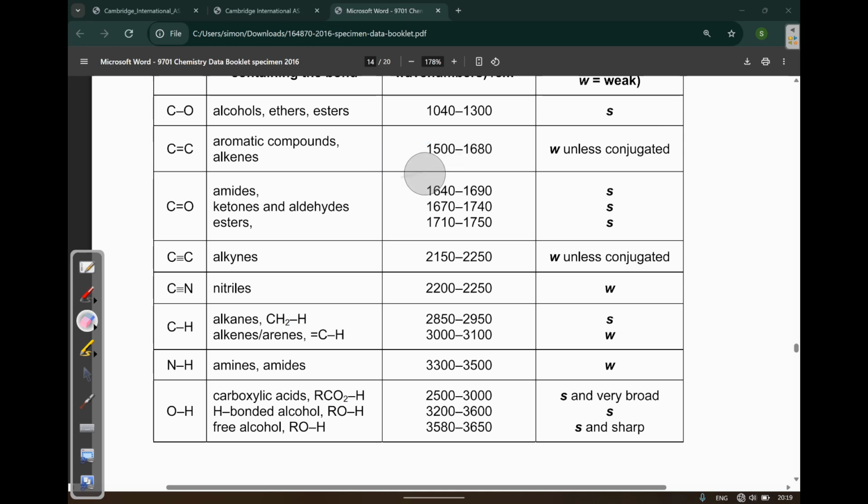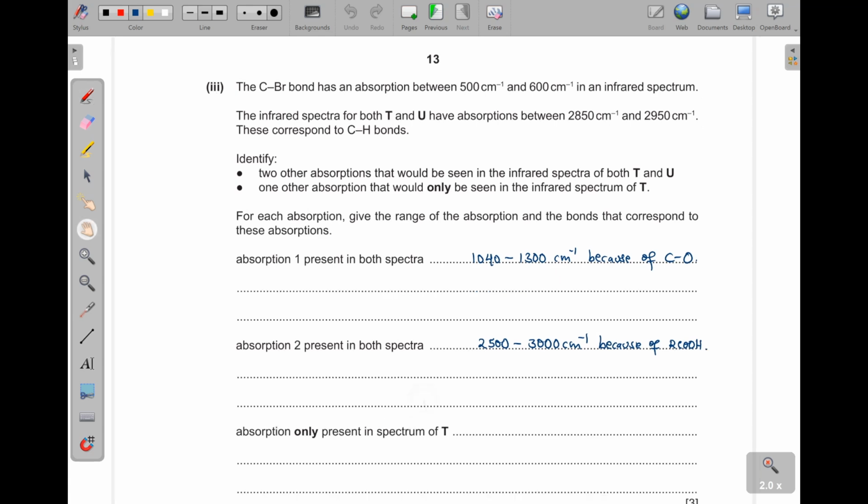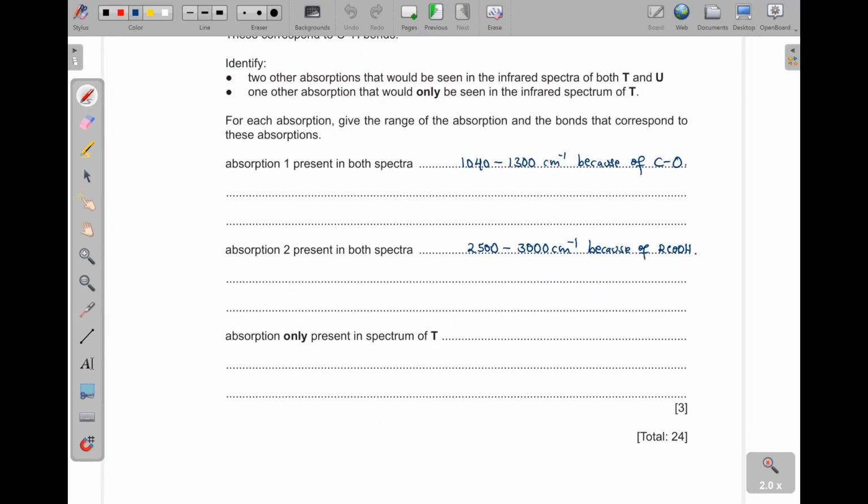Okay? So I'll go back here and I say that the absorption has to be at 1500 to 1680 per centimeter because of the carbon to carbon double bond. Okay, so that is that.